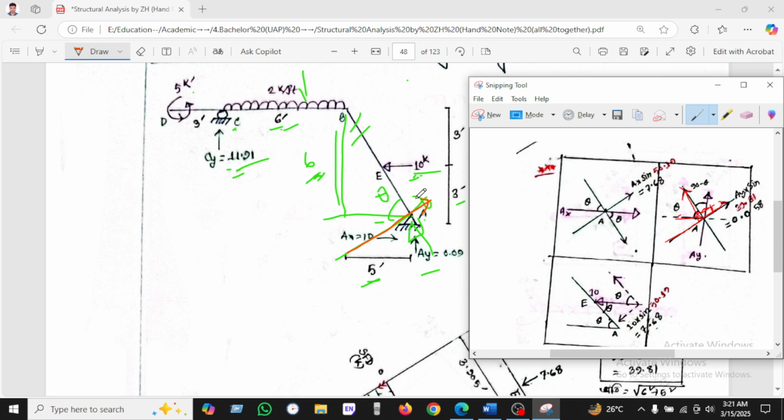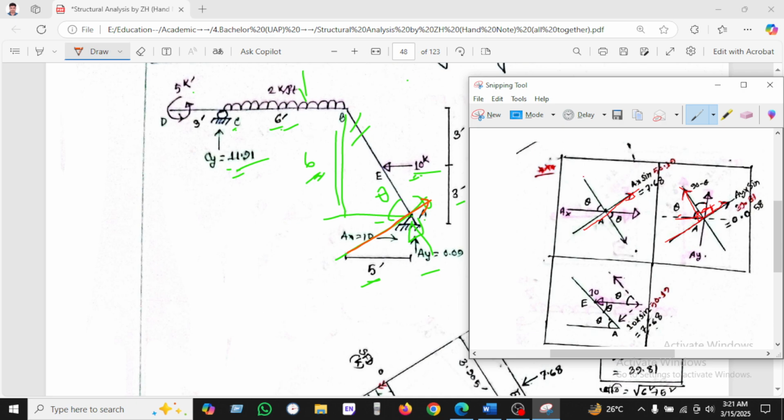It is taken in the direction of the perpendicular. So if we calculate here, we can see these are passing through here.